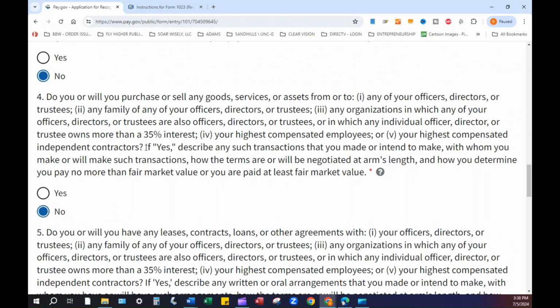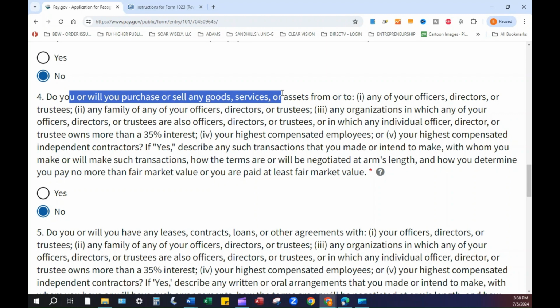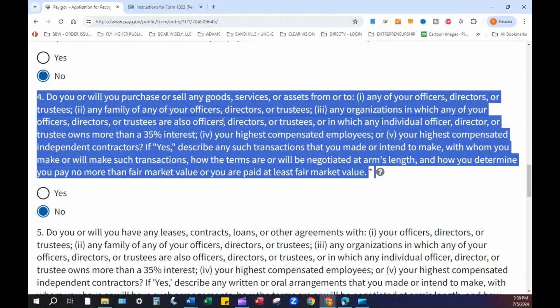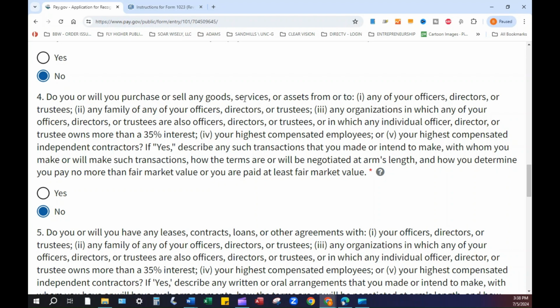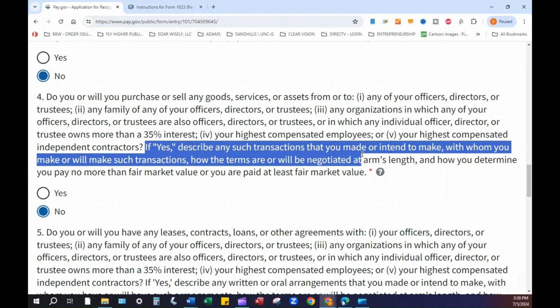If you do decide you want to sell your goods and services to any of the officers, if you want to purchase services from an officer or director or include any family member in benefits or what have you, if you answer yes, describe any such transactions that you made or intend to make. So you may have made them already, or maybe in the future you intend to make such a transaction happen.